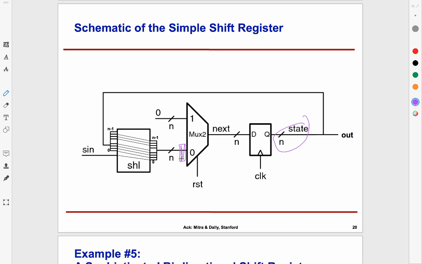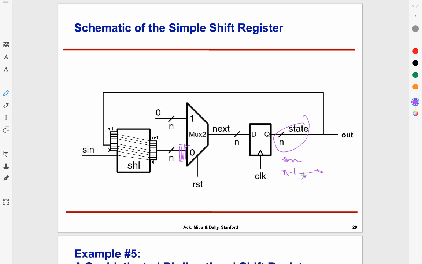So the bits out here go from n minus 1 down to 0, right? I can physically say, okay, the n minus 1th bit goes nowhere. The n minus 2th bit here goes to n minus 1th bit here. I can connect that by a wire. I can take the n minus 3th bit here and connect it to n minus 2th bit out here.